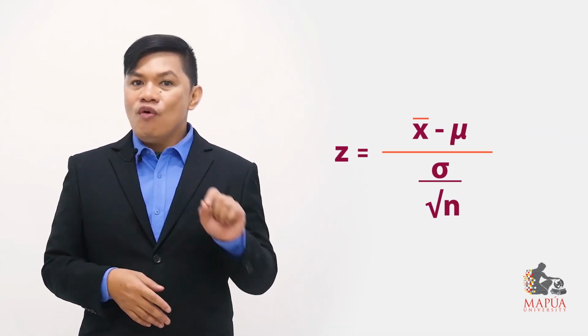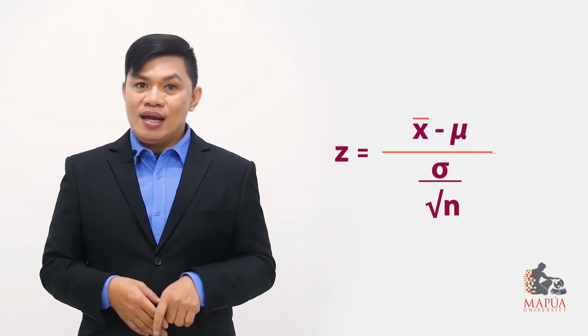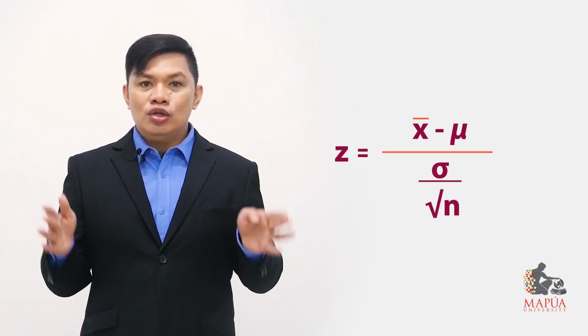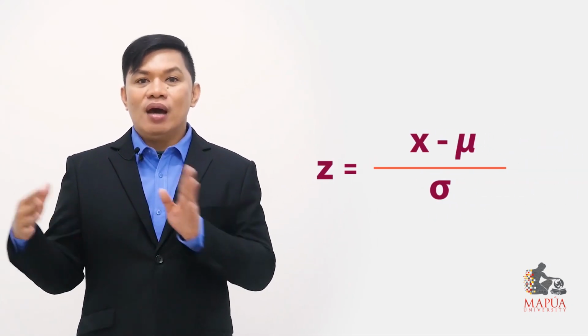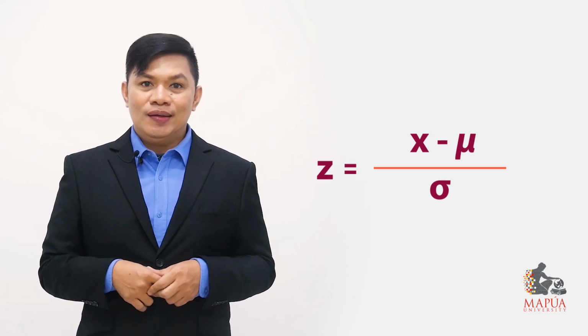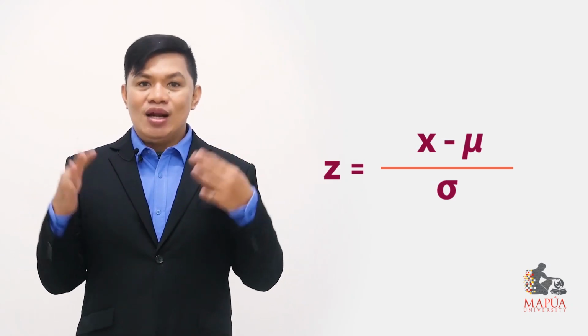Just take note that when we are using the sampling distribution of the mean, the transformation to z is x bar minus mu over sigma over the square root of n, as compared to using the random variable x, where z is just x minus mu over sigma.